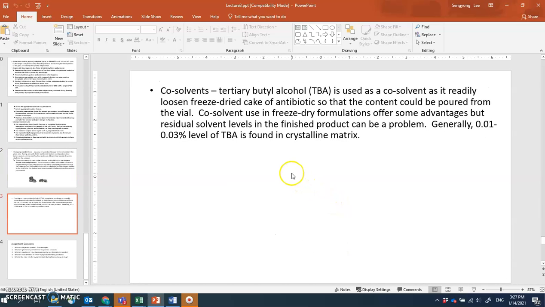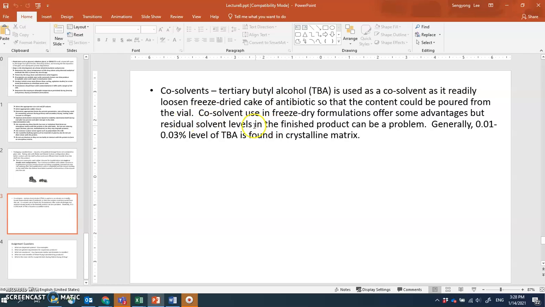Okay, and the co-solvent. Sometimes, besides water, you may need to add a co-solvent such as TBA, which is tertiary butyl alcohol, as a co-solvent. So some antibiotics normally have this formulation.